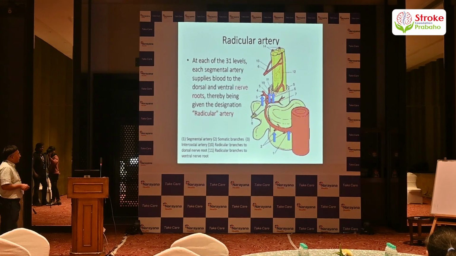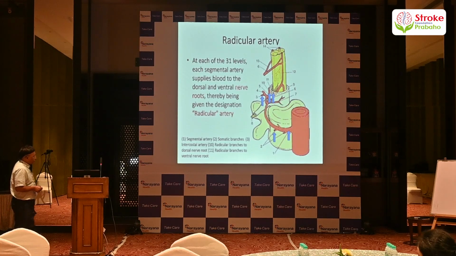The branch which supplies the nerve root is called the radicular artery. There are two radicular arteries, ventral and dorsal. So there is a radiculomeningeal artery which is dorsal, and a ventral radiculomeningeal artery.